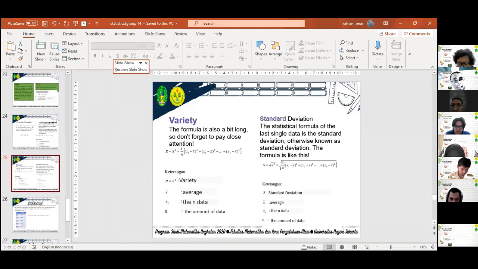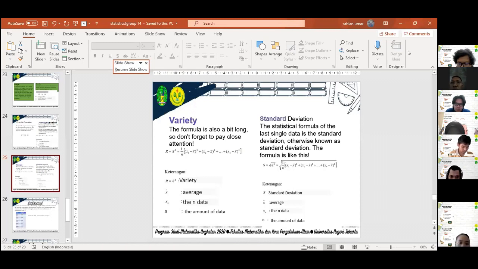Because we have too little data, in this data we have only 3 data points. If we can collect more data, for example 10 or 100, there will be a little deviation from the average. Because we have only little data, the difference and variety is very big.